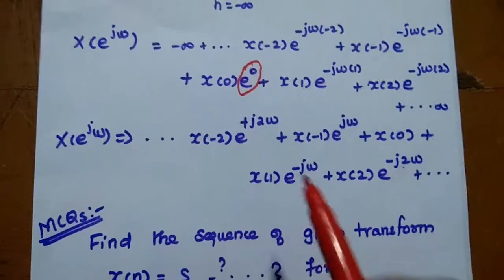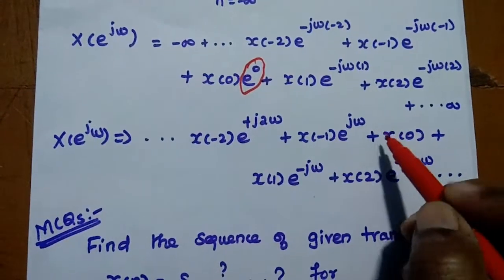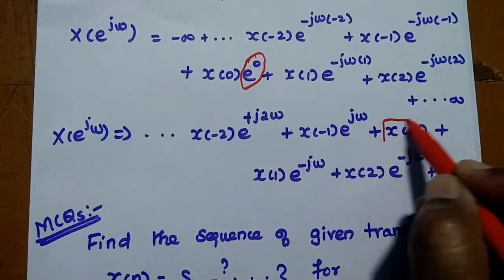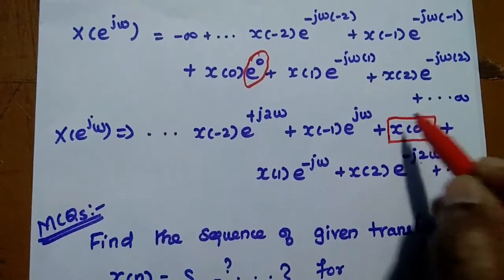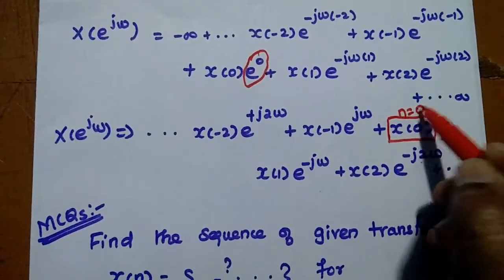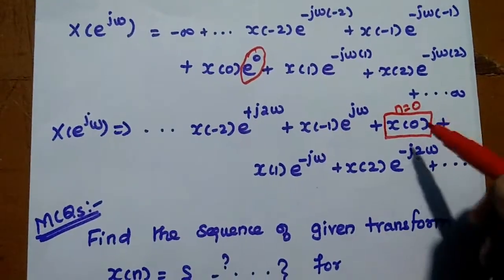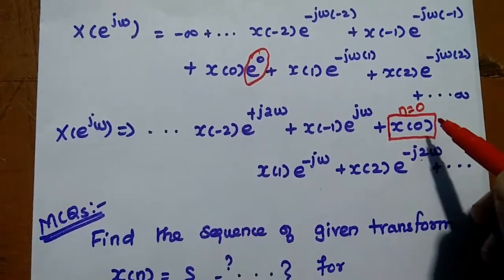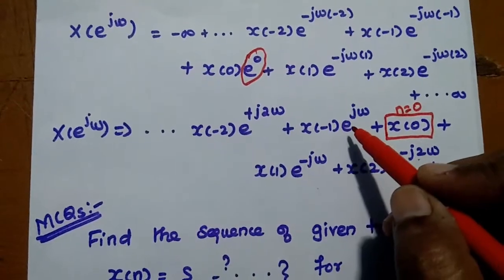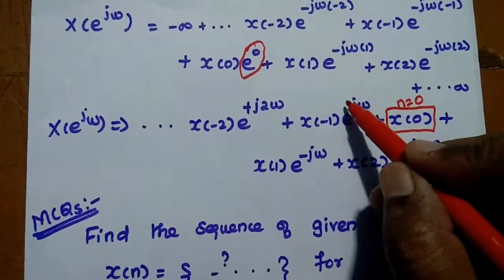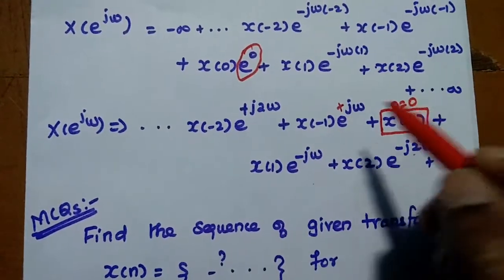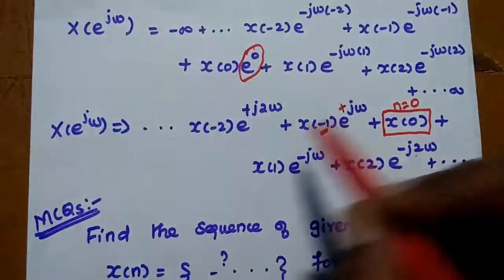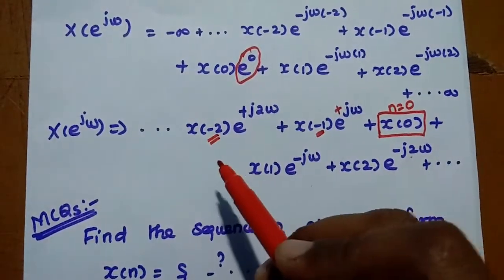So here we have to remember one important concept. Wherever there is no exponential term, that is the value of n is equal to 0. If there is no exponential term, that value is nothing but n is equal to 0 value. If the exponential is having positive sign, it represents n is equal to negative.